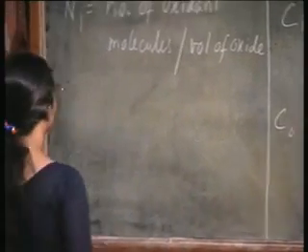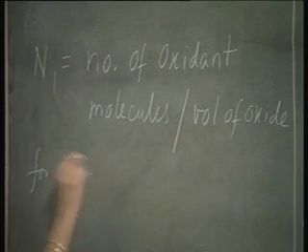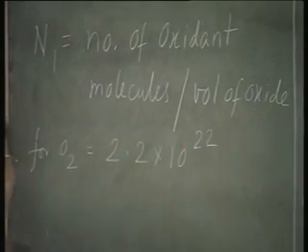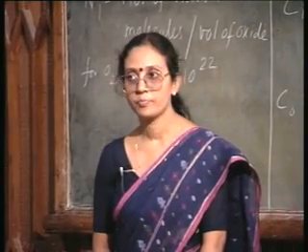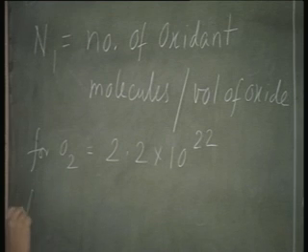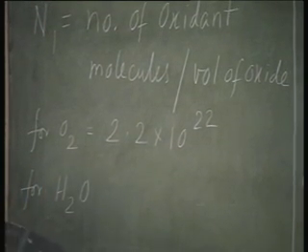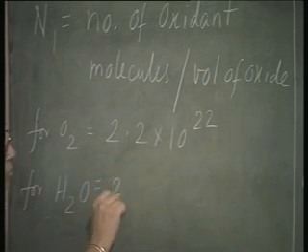So, N1 for oxygen is 2.2 into 10 to the power 22, and for water it is going to be double the number, because per molecule of silicon dioxide needs 2 molecules of water vapor in contrast to 1 molecule of oxygen, right. So, this is going to be 2 times this.